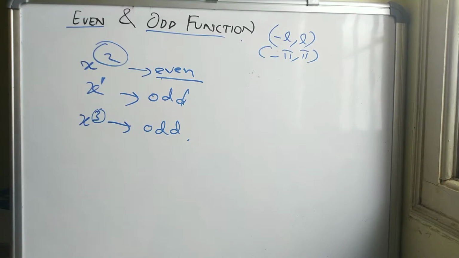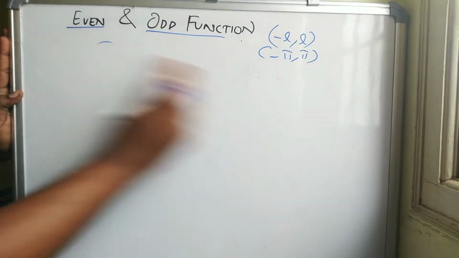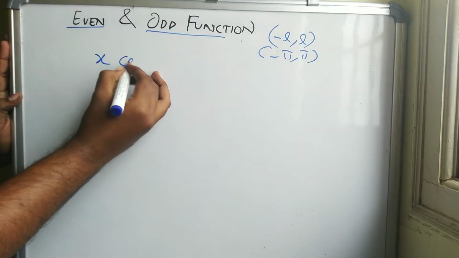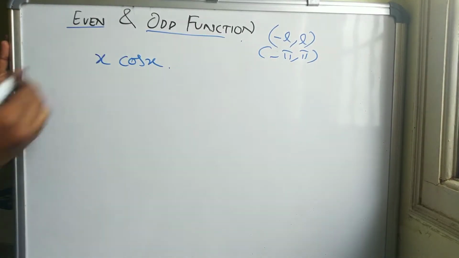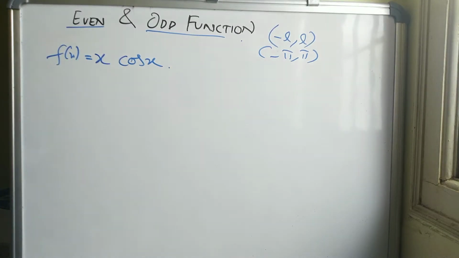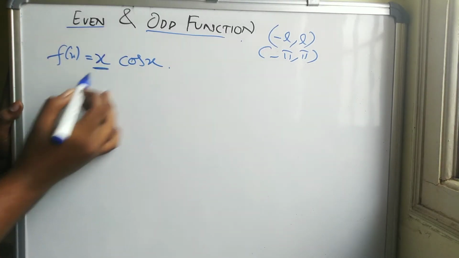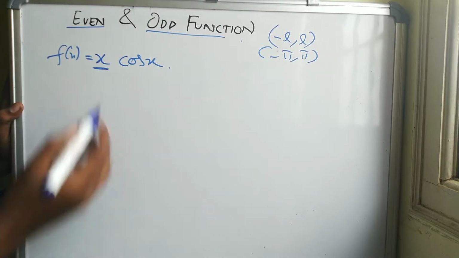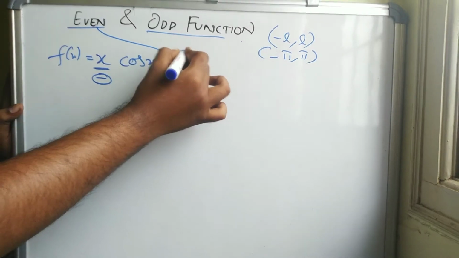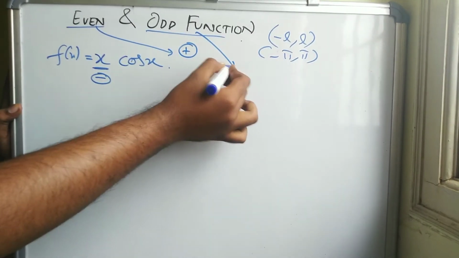Now if a combination of two things is given, an algebraic term along with some function, suppose f of x is x cos x. No need to substitute x as minus x and find out. Instead, you can directly find. See, x is even or odd? It is odd. Remember this: even you place as plus sign, odd you place as minus sign.